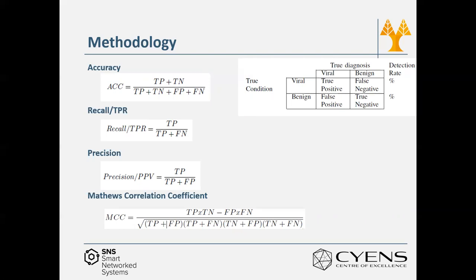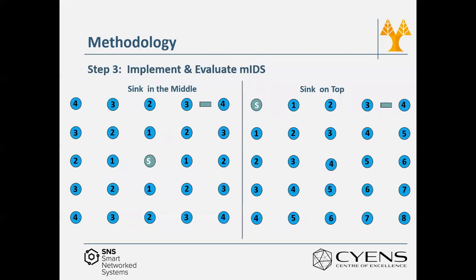Precision shows the percentage of correctly identified malicious nodes within the network. The MCC, the Matthews Correlation Coefficient, measures the quality of the activity classification. The MCC normalizes the sizes of benign and malicious activity present to avoid unequal classification rates.